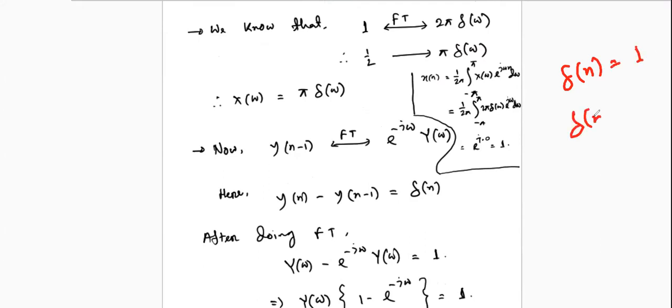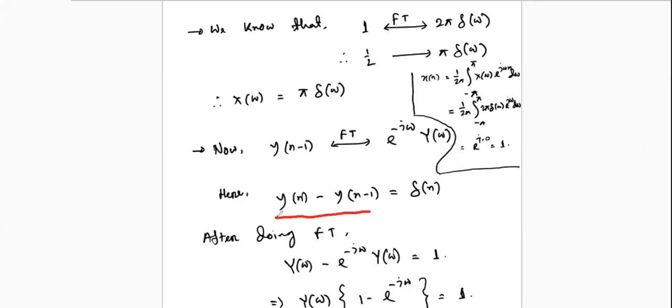If you have delta n minus 1, of course, that is equal to e to the power minus j omega, and the value is 1. So this is the shifting. When you have time shifting, in the Fourier domain it will be multiplied with e to the power j omega.